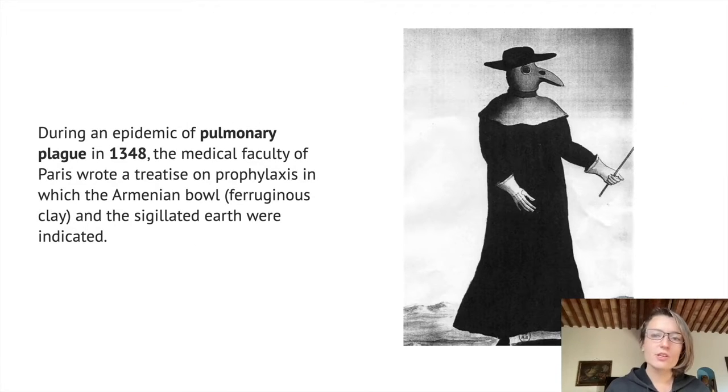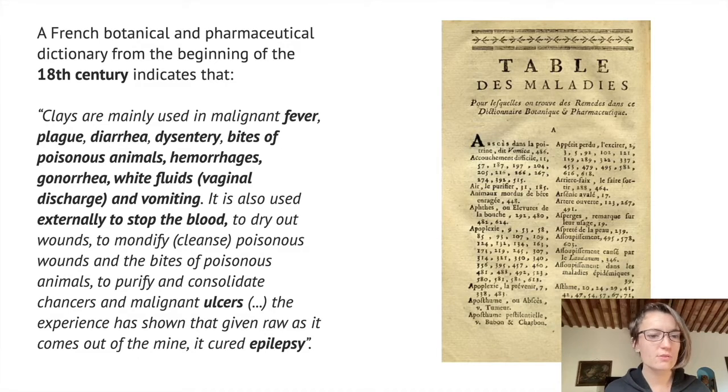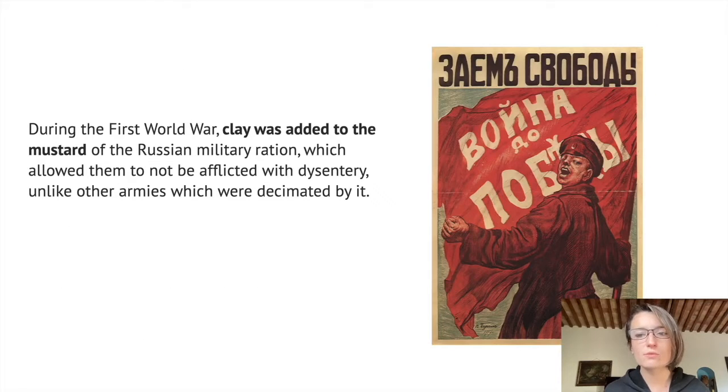So during the Middle Ages, clay was recommended for plague, during plague epidemics. The French king Louis XIV had hemorrhoids and fissures, and he was using clay. He was drinking clay for that. So here again, you can see it was used for so many different things. It was used by the Russian army during World War I. Many soldiers were dying from severe diarrhea, except the Russian soldiers, because they were protected by clay that they were ingesting regularly.